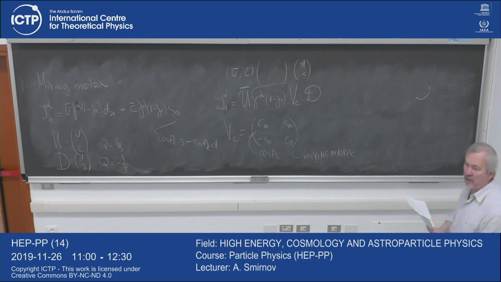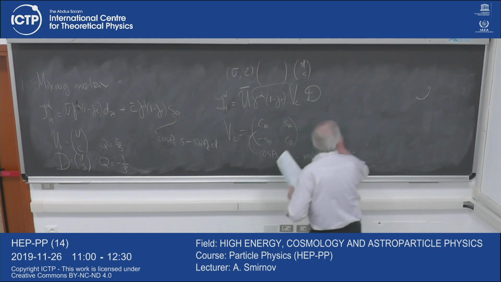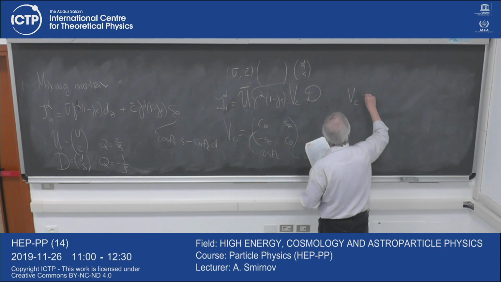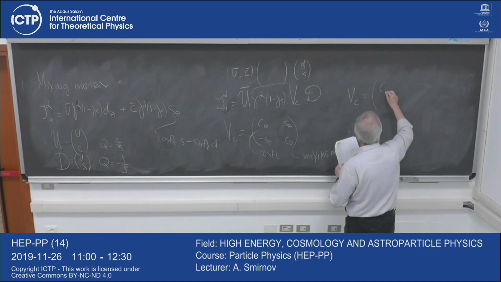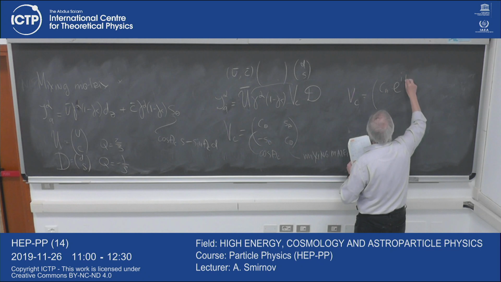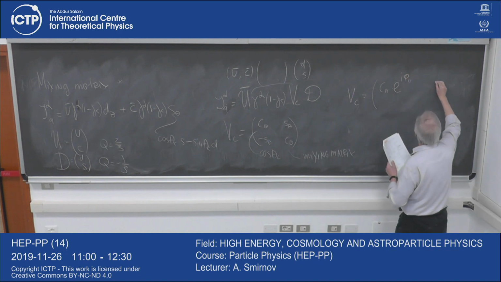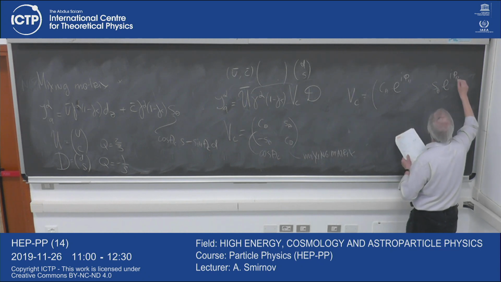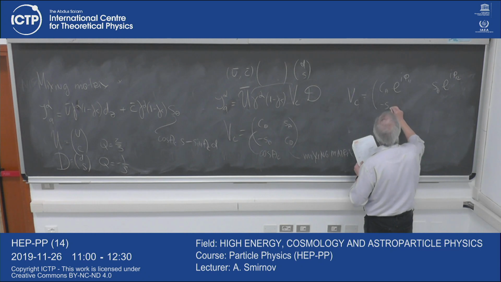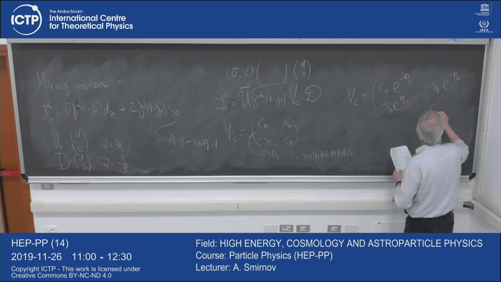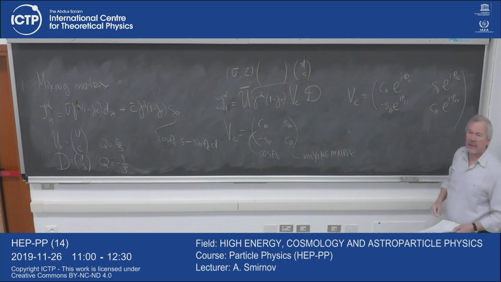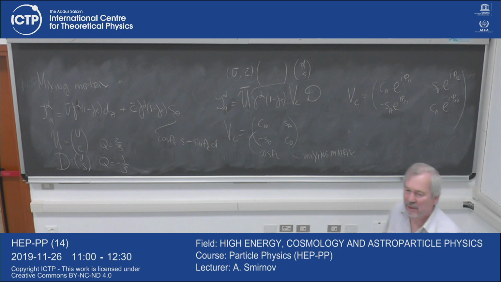So in general we can add phases in this expression, and in general this mixing matrix can be written as cosine theta e^{i phi 11}, here is sine theta e^{i phi 12}, here is minus sine theta e^{i phi 21}, and here cosine theta e^{i phi 22}. Right? So in general I can introduce these complex phases. Who told us that this doesn't exist?